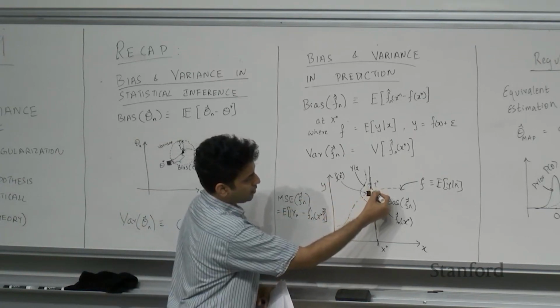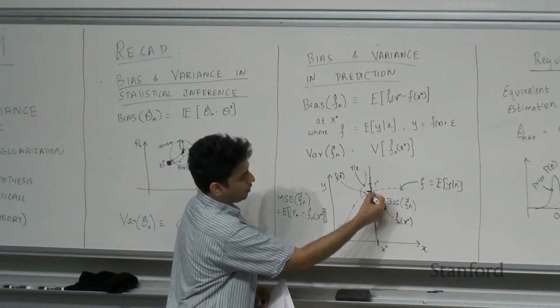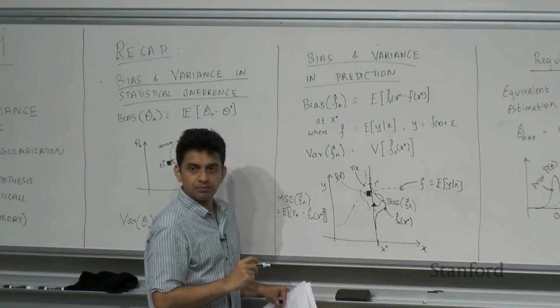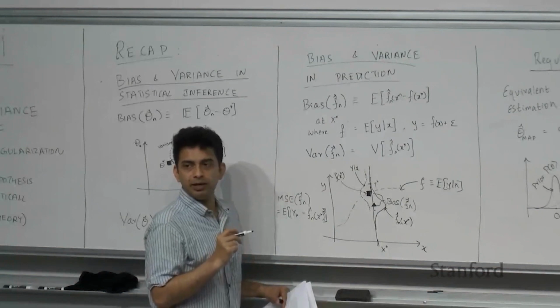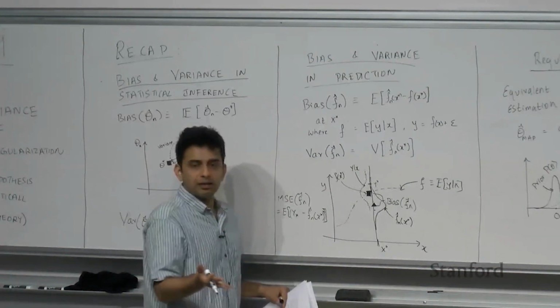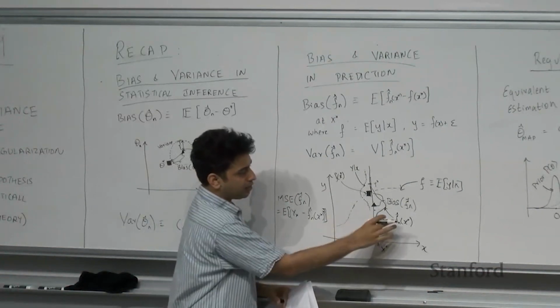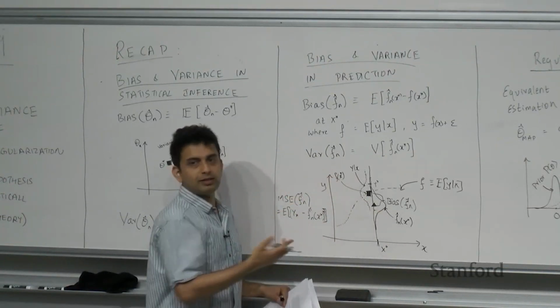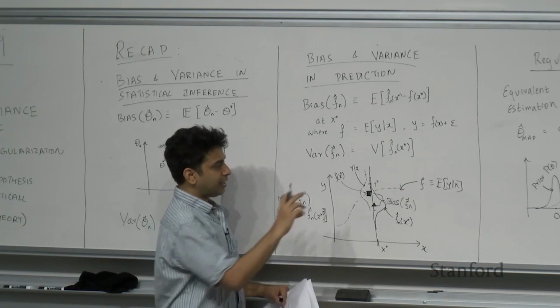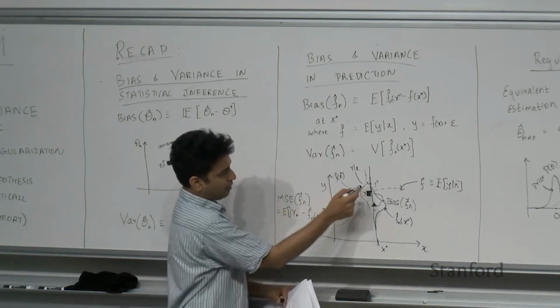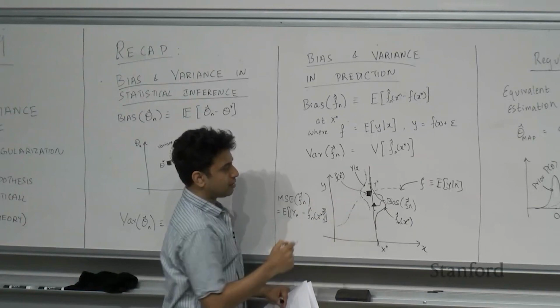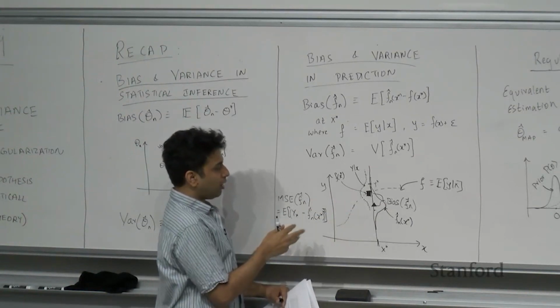One part is the gap from the black square, that is the true function, to y star, right? That we call irreducible error. There's just no way we can fight that. No matter how well we construct our f hat n, in the observation that we are going to make, there's going to be noise. There's nothing we can do about it. So the expected squared error between y star and our prediction f hat n of x star can be broken down into three parts.